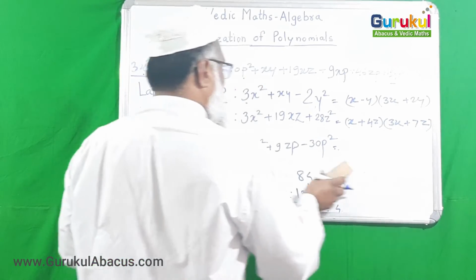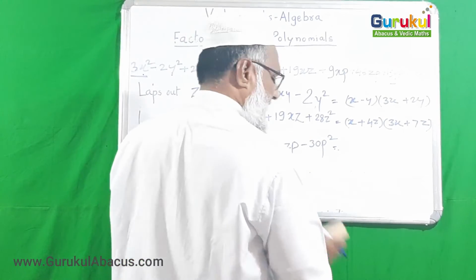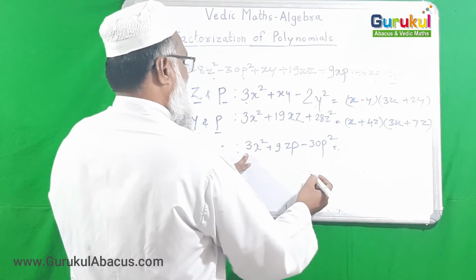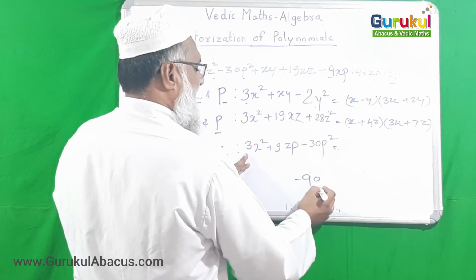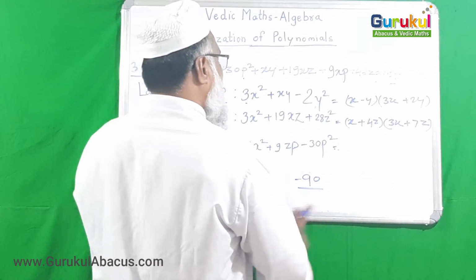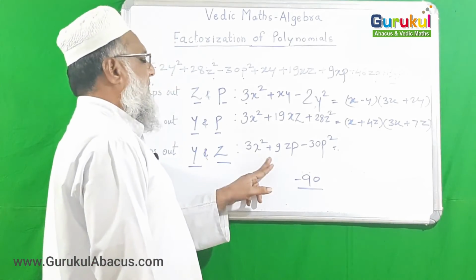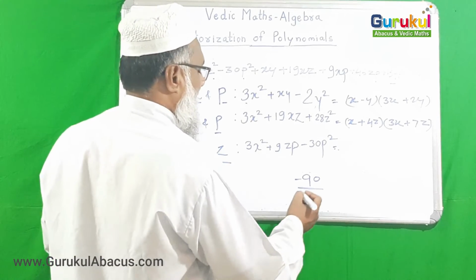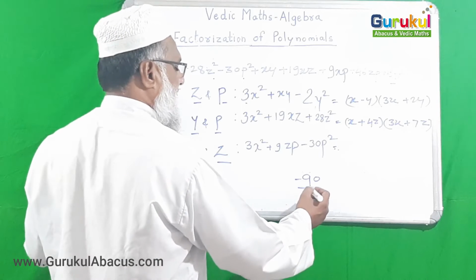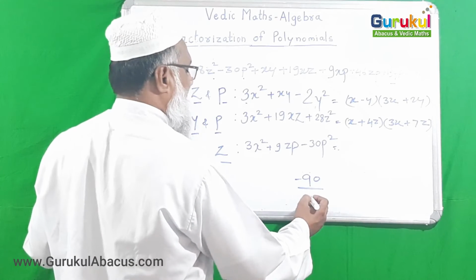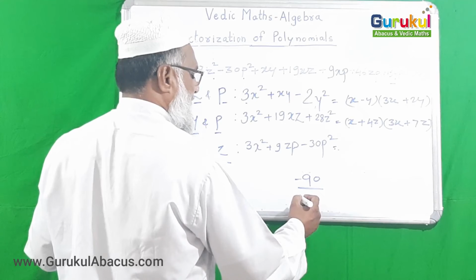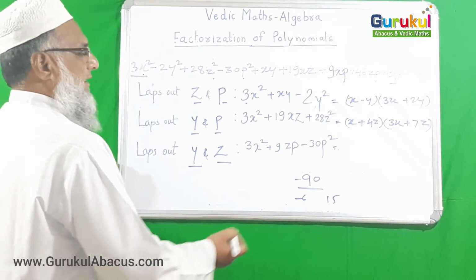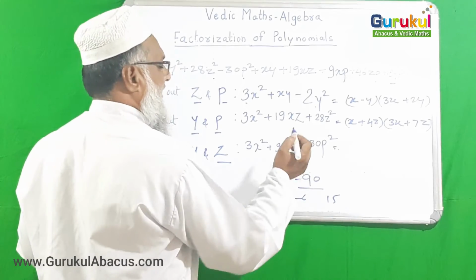Now we turn to the last one. Here 30 times 3 is 90, so minus 90. We require plus 9. 15 times 6 is 90, so taking minus 6 and 15 would be ideal, because 15 minus 6 is 9.